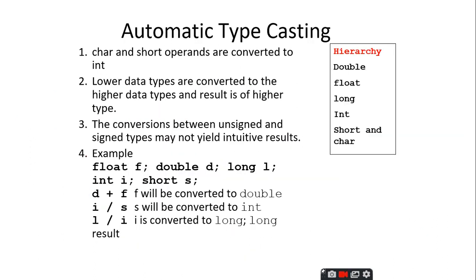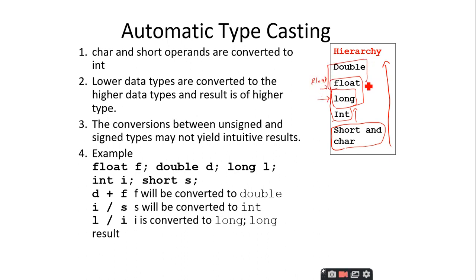So, let us see some of the examples here. In the automatic typecasting, which is also called the implicit typecasting, this is the hierarchy it is going to follow from lower order to higher order. See here, char and short will be automatically converted to int. If you have an expression that consists of both long and int, the result will be automatically converted to long, and if it consists of long and float, the result will be converted to float.